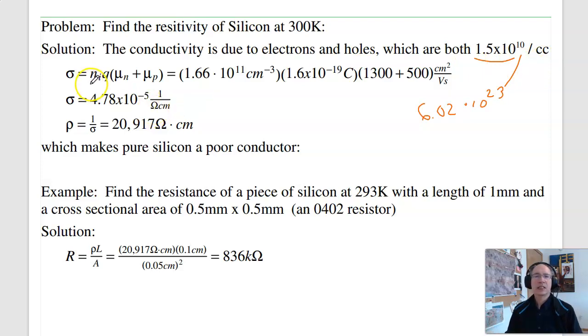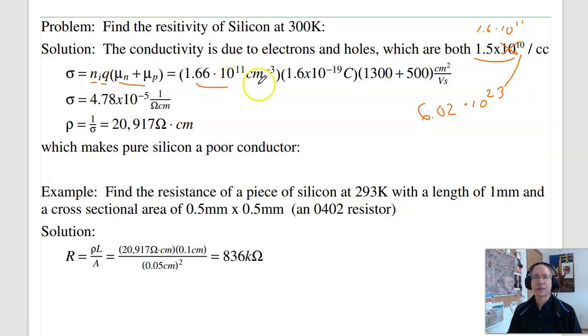The conductivity is the number of charge carriers times the charge per carrier times the mobility. And here I've got both electrons and holes. If the number of charge carriers, I guess let's call it 1.6 times 10 to the 11th.